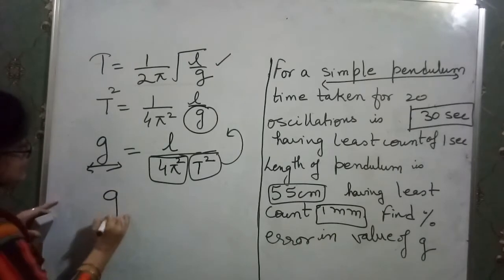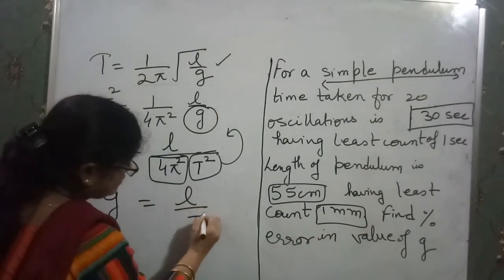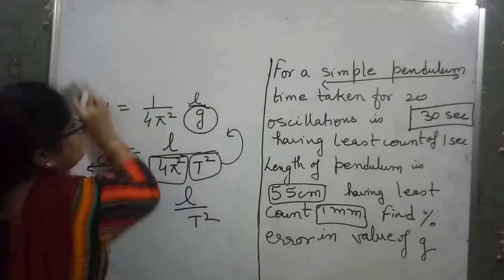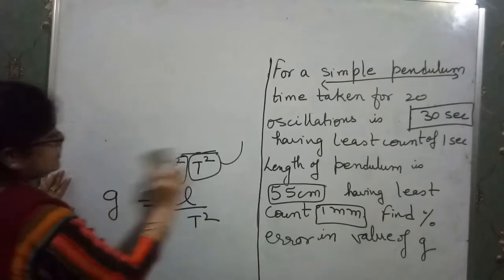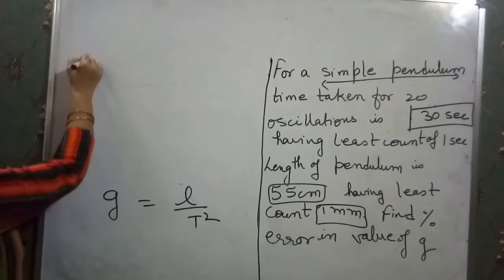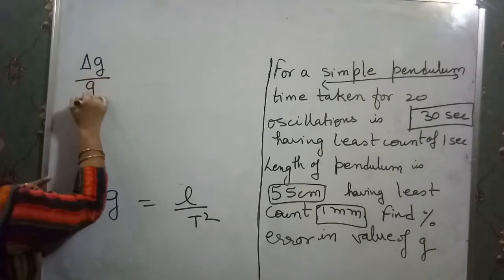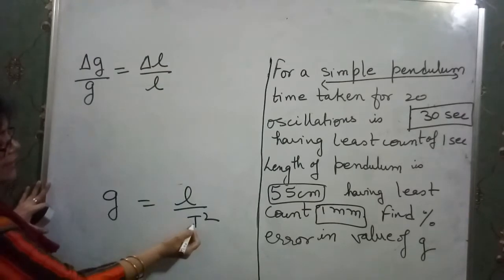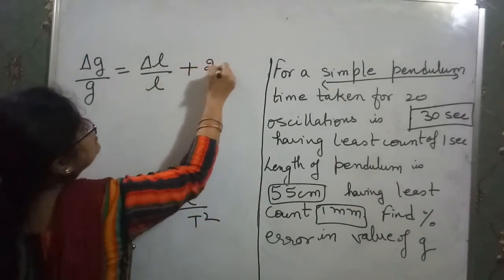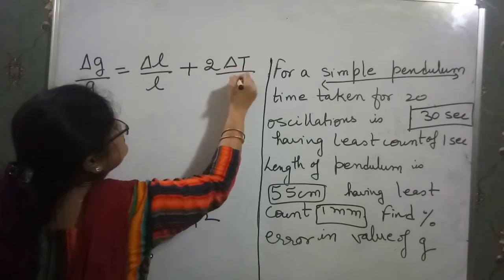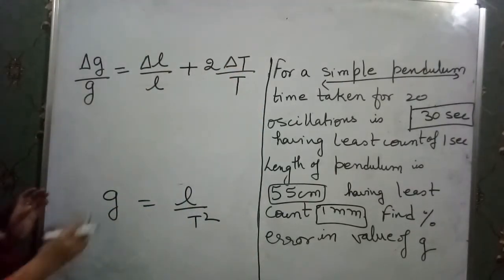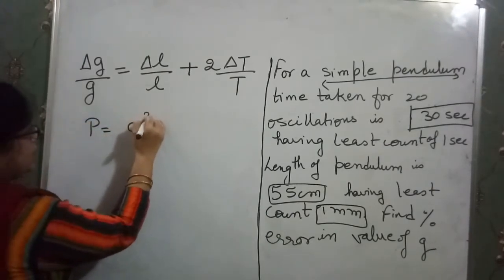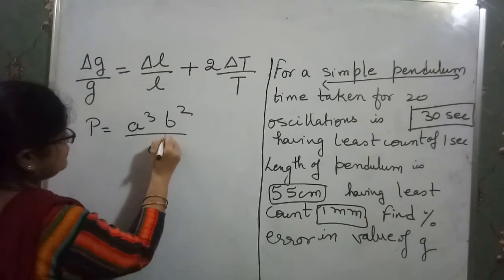One more step I want to explain before writing this. We have g is equal to L over T square. I am ignoring 4 pi square. Clear? Now see over here. For finding the percentage error, we have delta g over g is equal to delta L over L plus 2 delta T over T. Here I also want to explain: for example, you have a question P is equal to A cube B square C to the power 4.